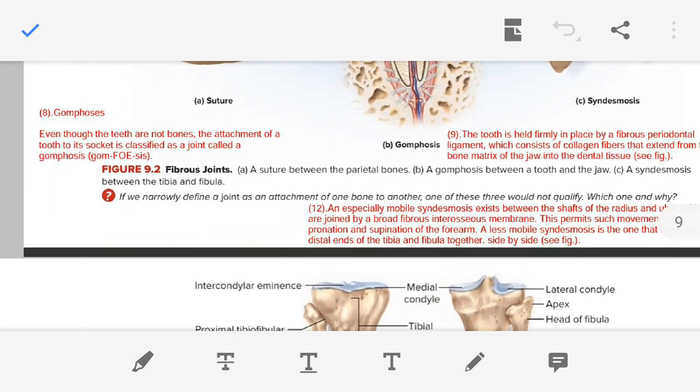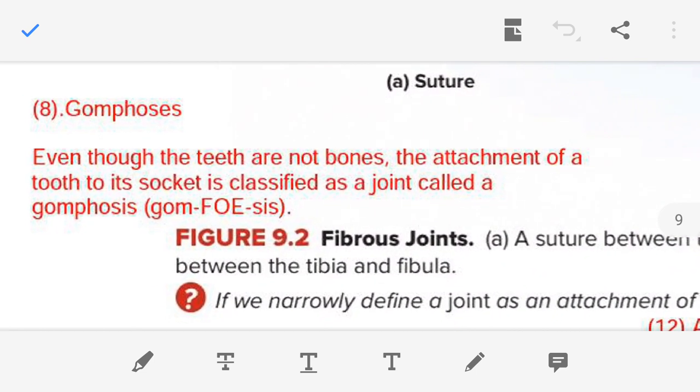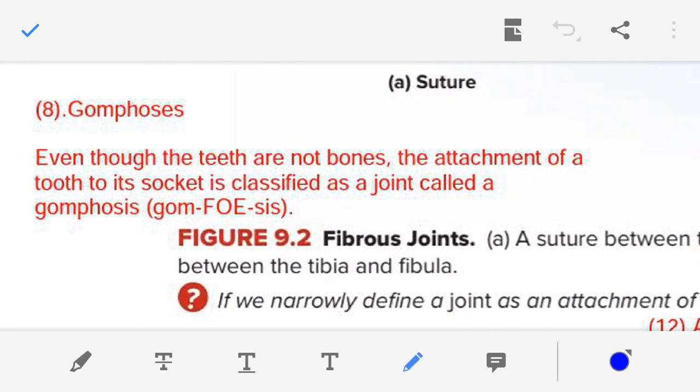Now with this we have completed the discussion on the sutures. Now the second fibrous joint, that is the gomphosis. What is the gomphosis? See, our teeth are not bones, but our teeth are present in the sockets.